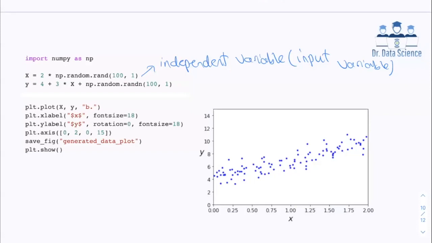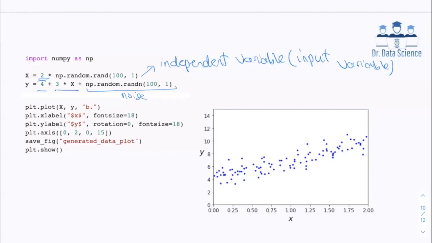We create this by generating 100 random numbers between 0 and 2, because we are multiplying these x values by 2. And then we are going to create the outputs using a linear equation. So we have 3 times x plus 4, but we have to add some noise.